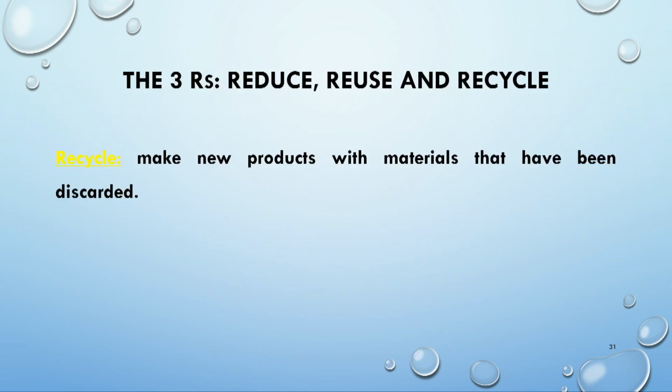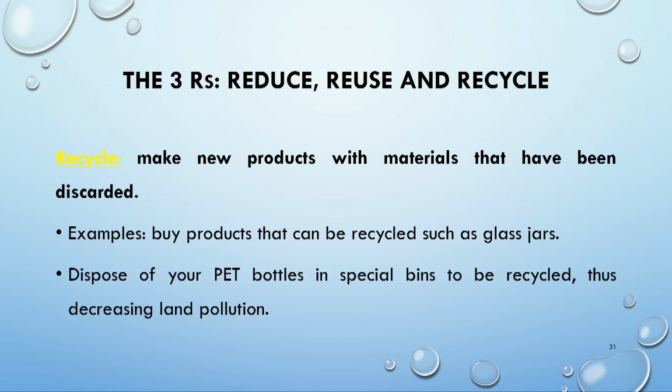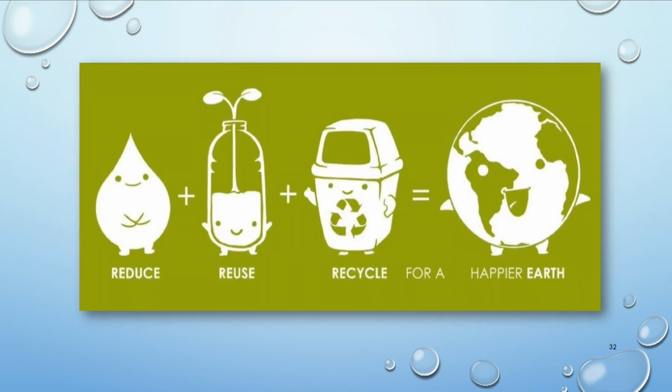Recycle. Make new products with materials that have been discarded. Examples: buy products that can be recycled, such as glass jars. Dispose of your PET bottles in special bins to be recycled, thus decreasing land pollution.